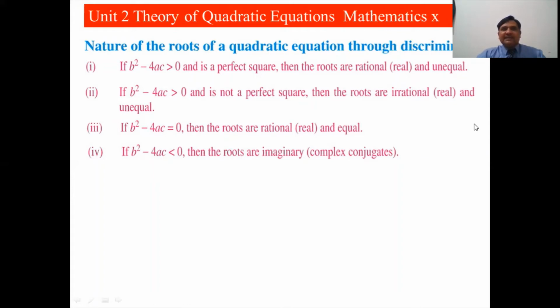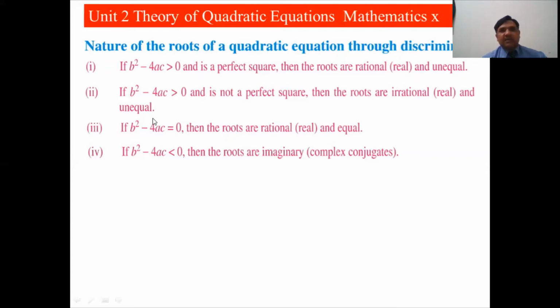If the discriminant is greater than 0 and is a perfect square, then we say that the roots are rational and unequal. If the discriminant is greater than 0 but not a perfect square, then the roots will be irrational and unequal.